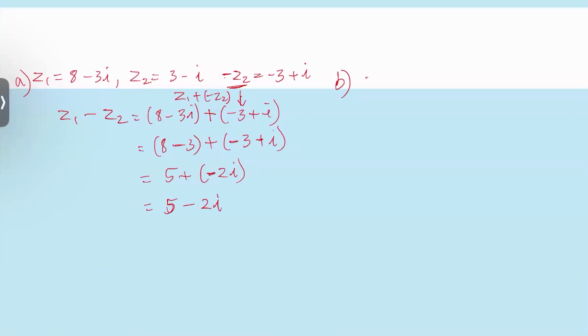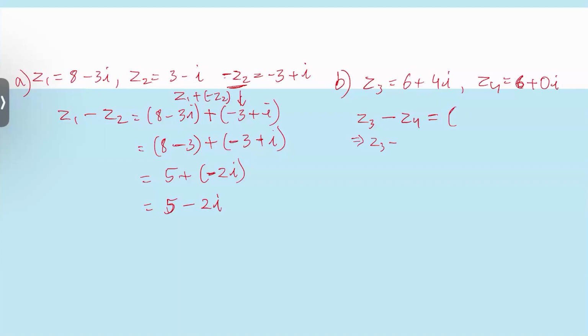Z3 equals 6 plus 4i, and Z4 equals 6. If you want to find Z3 minus Z4, since there is no imaginary part given here, let us consider that to be 0i.